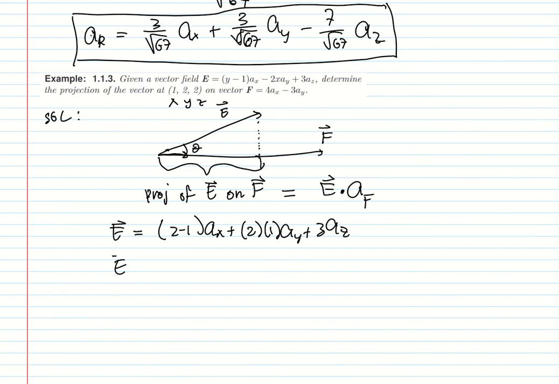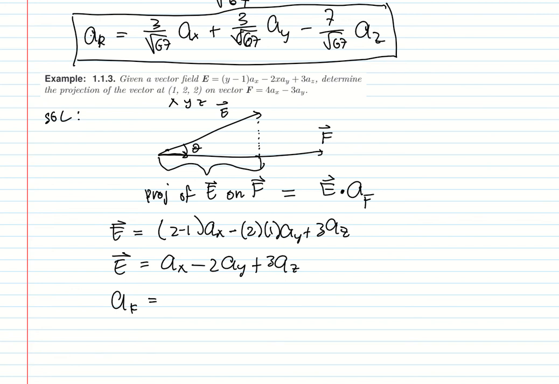So the vector E will be equal to 2 minus 1 is 1 ax, minus 2 ay, then plus 3 az. So we now know the vector E at point 1, 2, 2. Next, we need to determine AF.